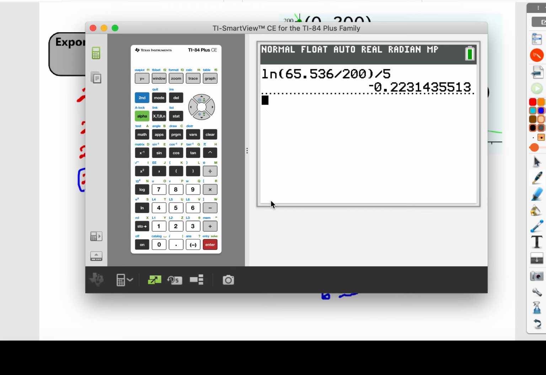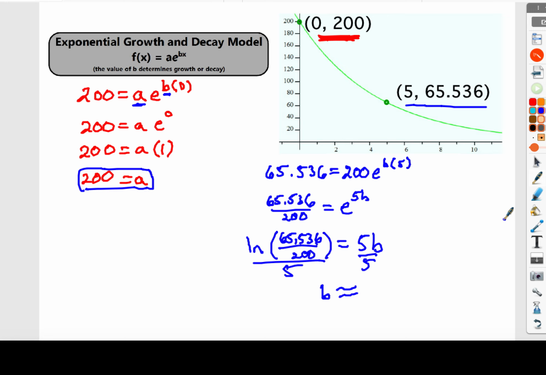And if I press enter there, we find out negative 0.223 approximately, accurate to 3 decimal places. I'm actually going to keep a few extras because you might need more than that to be more accurate. So negative 0.22314.